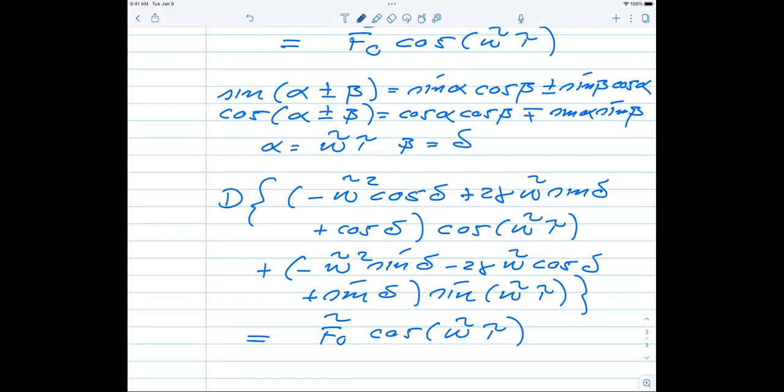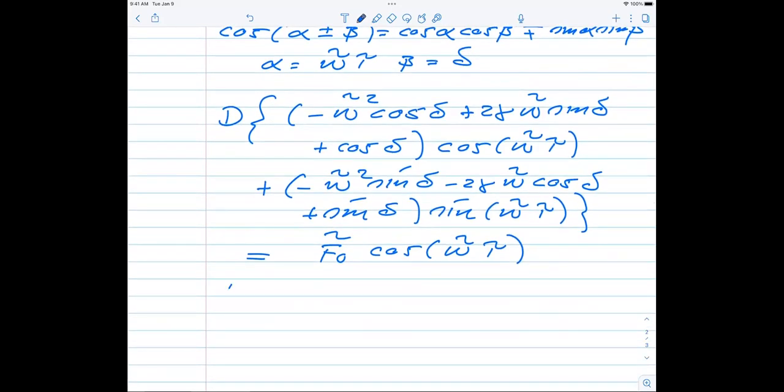In order for these equations to hold at all times, the sine and cosine parts have to equal each other. You can show this also using the orthogonality of cosines and cosines, or cosines and sines.